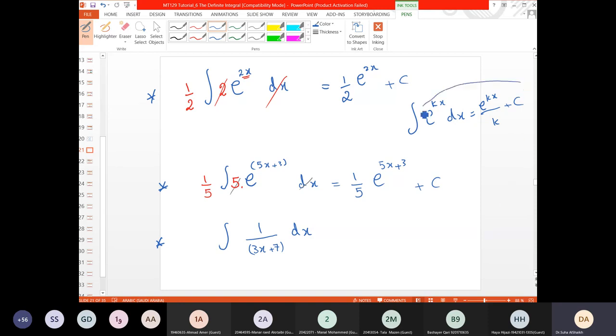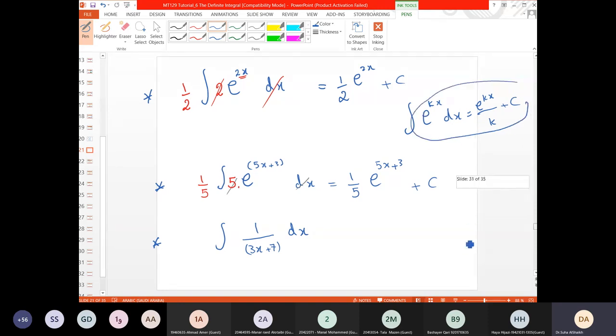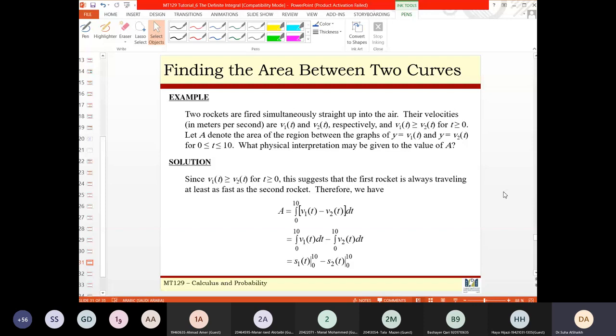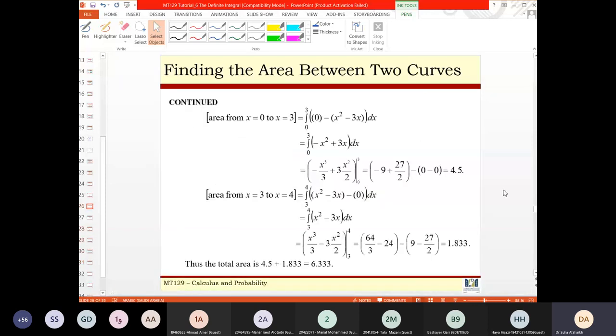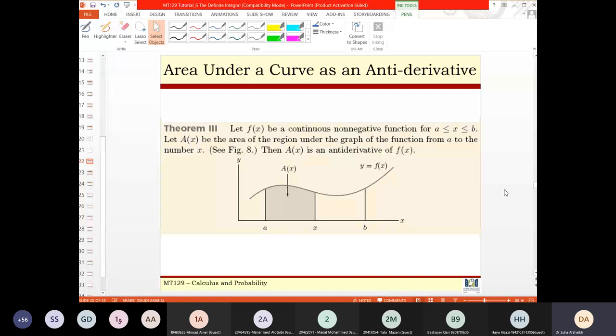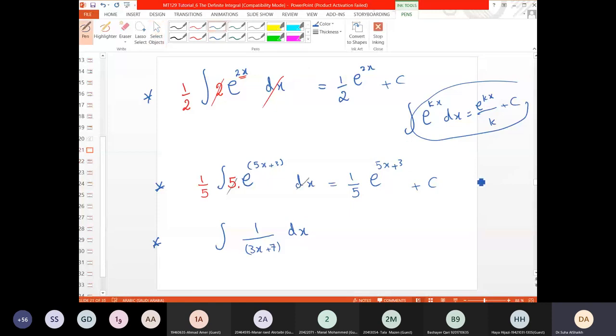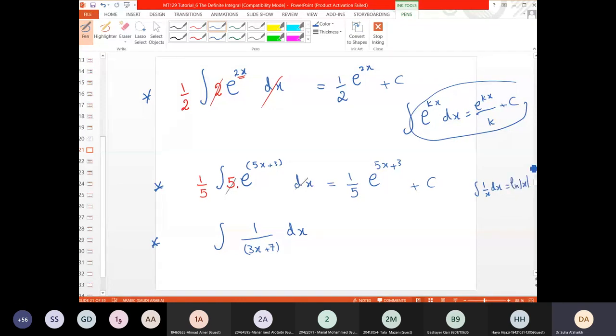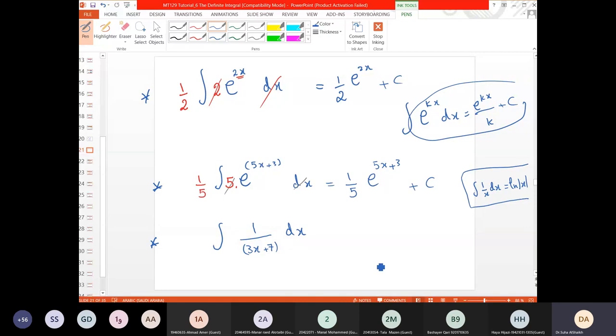Now I know as a rule that the integration of 1 over x dx is equal to what? ln of the absolute value of x, right? But this is not 1 over x, it's 1 over 3x plus 7.